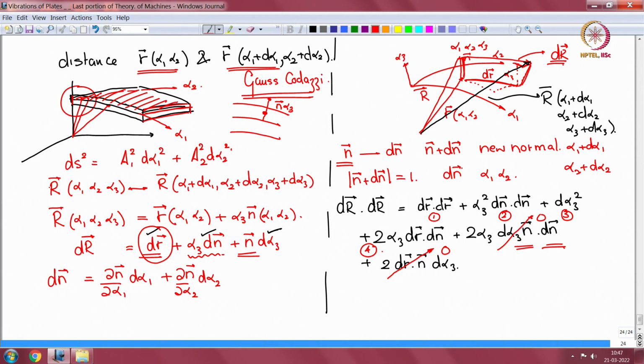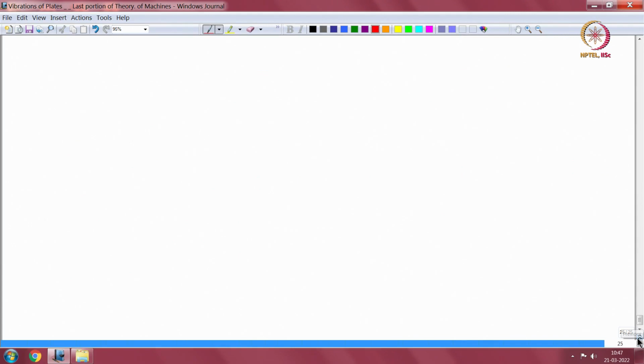So, now let us look at the second term, which is alpha 3 square dn dot dn. Okay, let me sort one thing out.